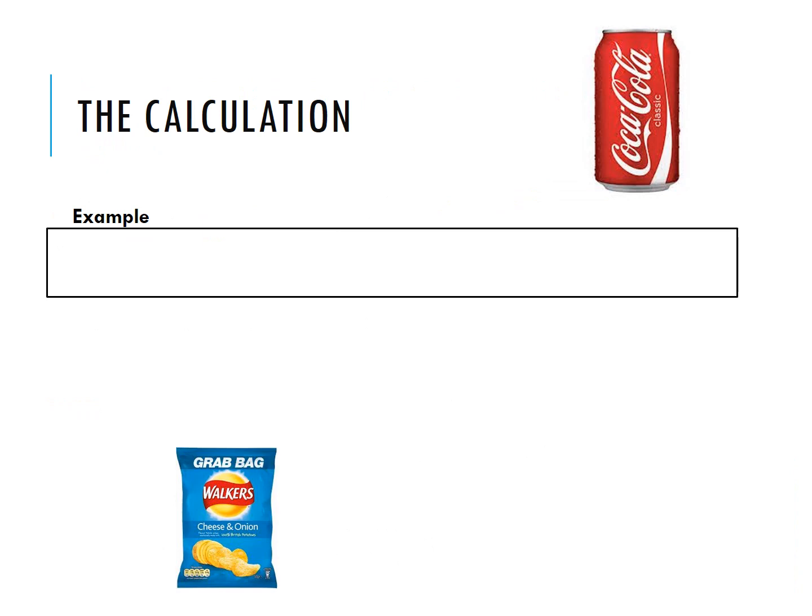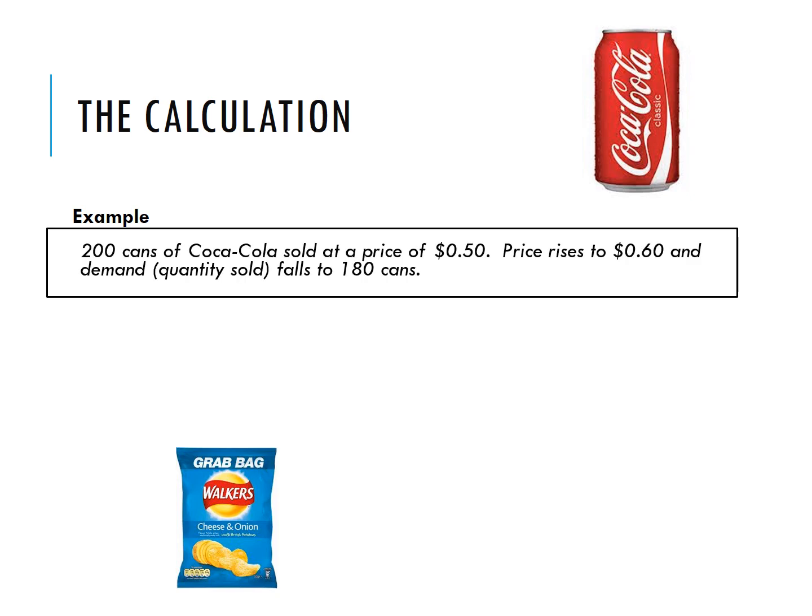So let's have a look at an example of this calculation. And we're going to imagine here we're looking at cans of Coke. So if 200 cans of Coke were sold at a price of 50 cents, and then the price rises to 60 cents and demand, the quantity sold, falls to 180 cans, what is the price elasticity of demand for this product? Well, let's go through nice and slowly.